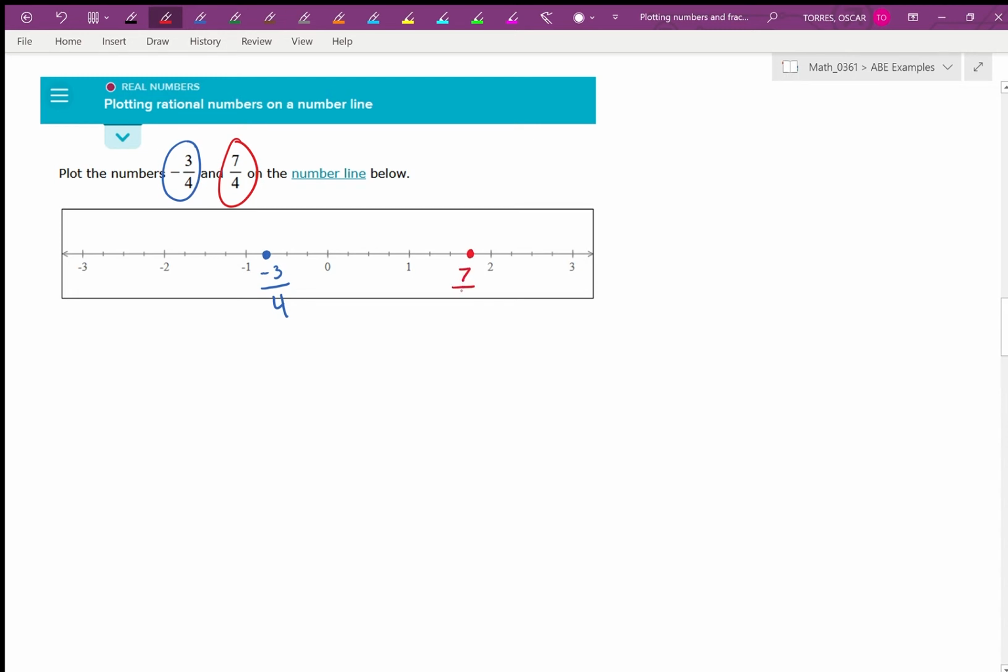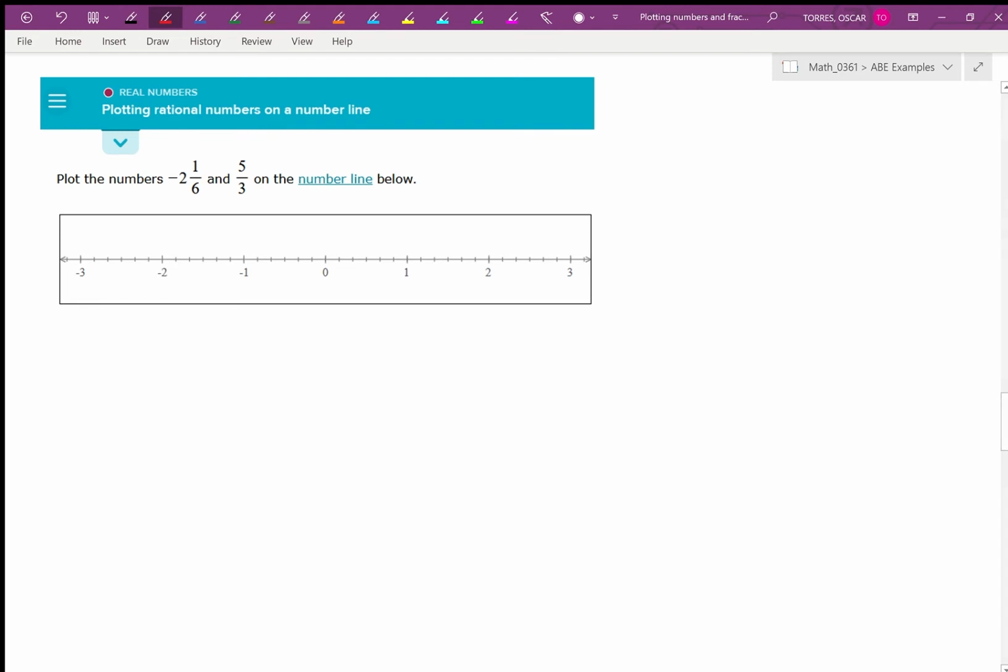So this would be 7 over 4. Something worth pointing out is that this fraction isn't necessarily less than 1. If we notice, when I counted to 4, 1, 2, 3, 4, I was already at the whole number 1, but I had to keep going just because the number was 7. So 4, 5, 6, 7, and we landed right there.